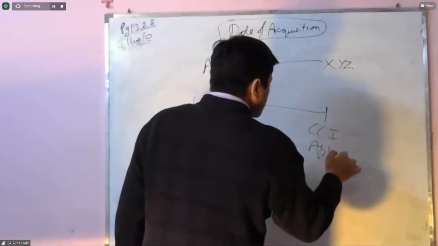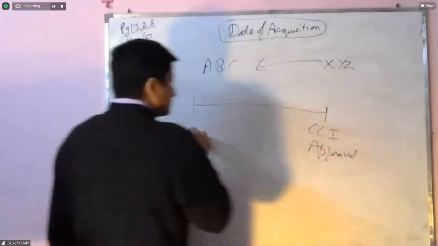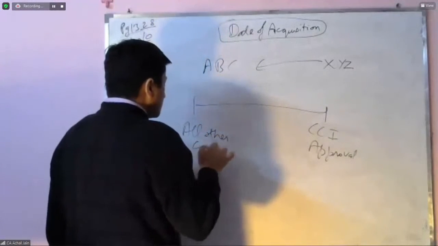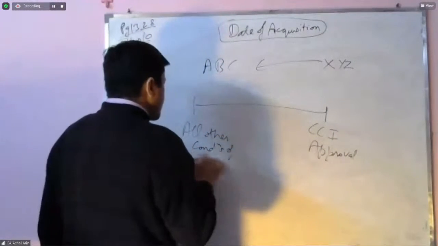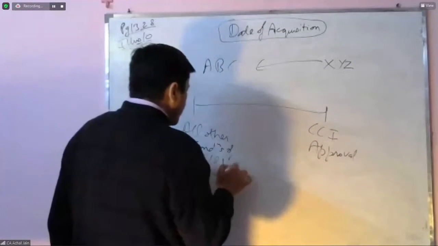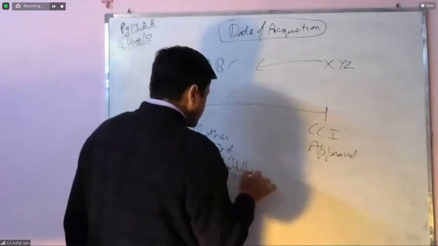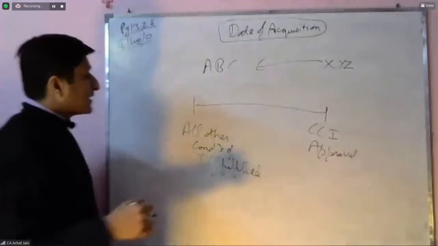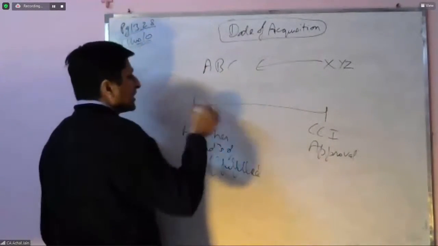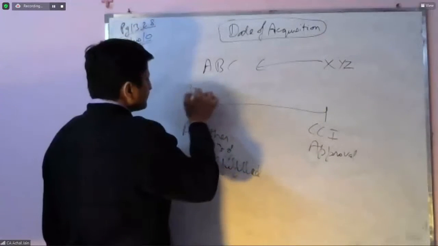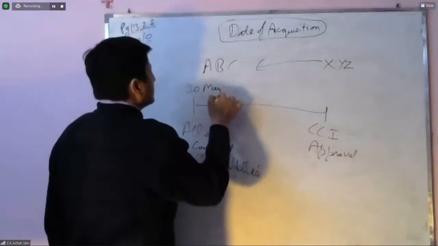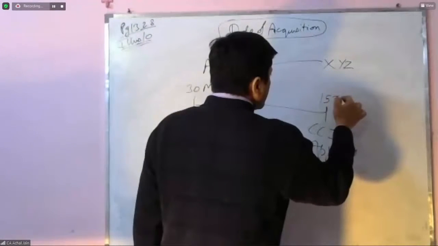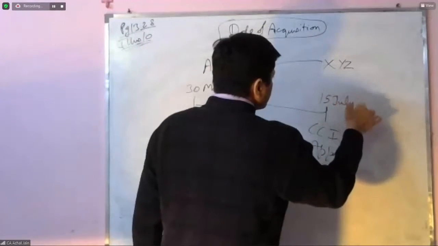CCI approval, and all other conditions of transfer fulfilled on this date. Is there two dates? Let's just put the dates. Say this is 30th May, and this is 15th July.